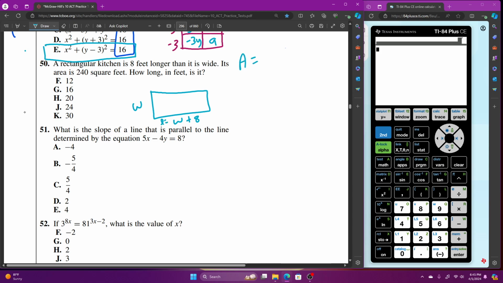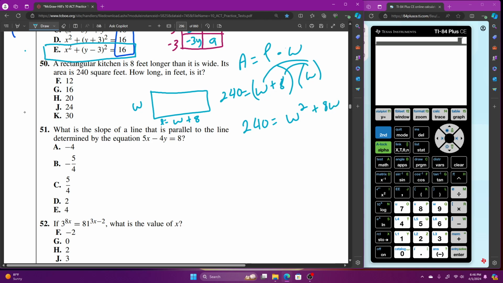Well, if area equals length times width, and the area is 240, the length is W plus 8 times the width is W. Then we can distribute our W. 240 equals W squared plus 8W.